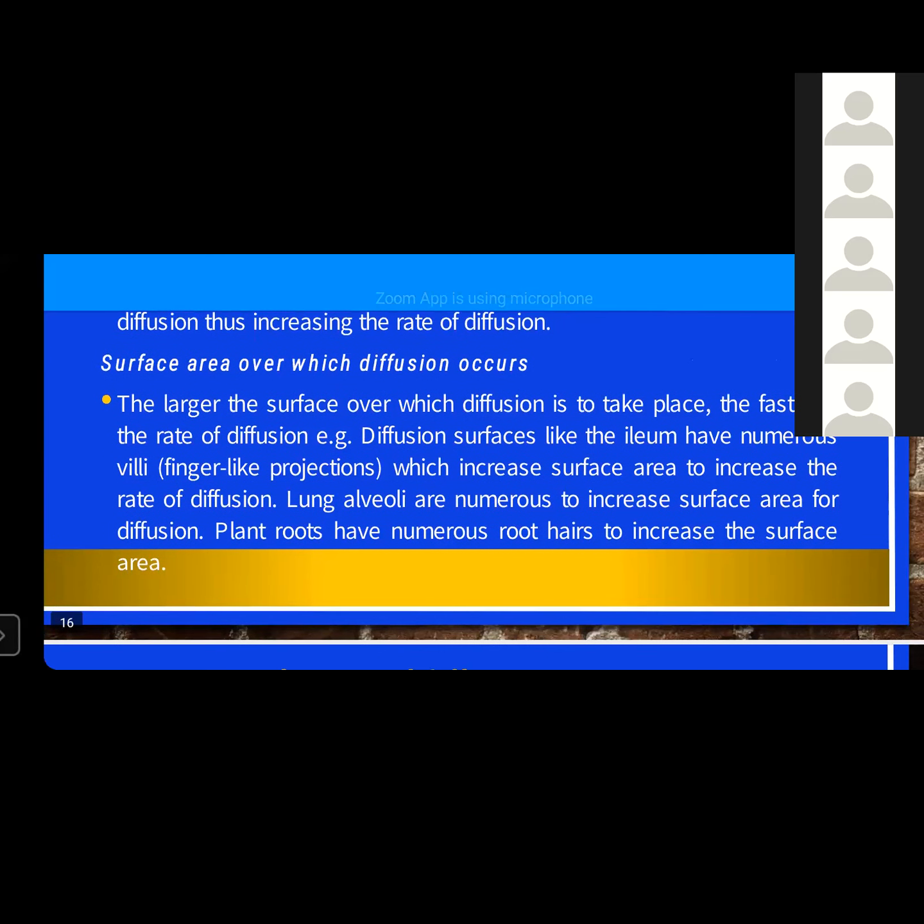Similarly, in the diffusion of gases in the lungs, the alveoli, which are the air sacs, are also very many. Just like we looked at the villi, these alveoli are numerous and increase the surface area. So the larger the surface area over which diffusion takes place, the faster the rate of diffusion.